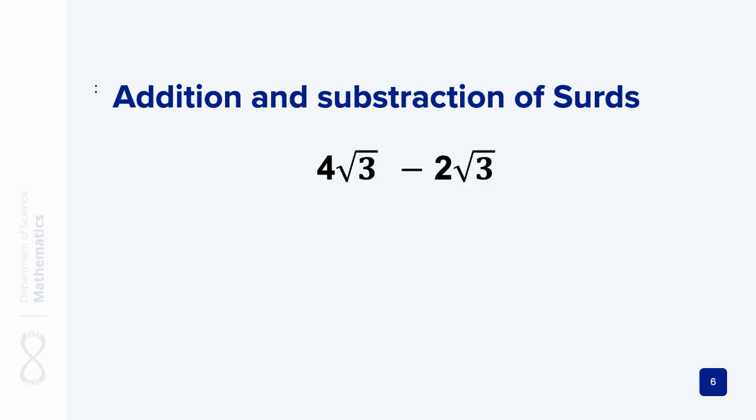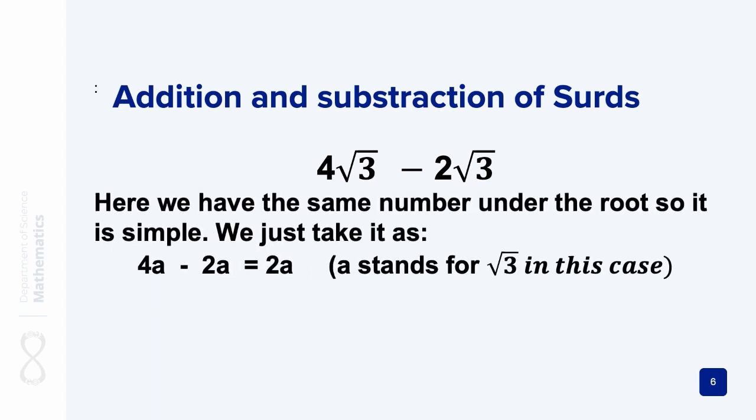And so we basically do the same thing with subtraction. In this case, we have 4 root 3 minus 2 root 3. So using the same mechanism that we used in the previous slide, we'll just take a to represent root of 3.